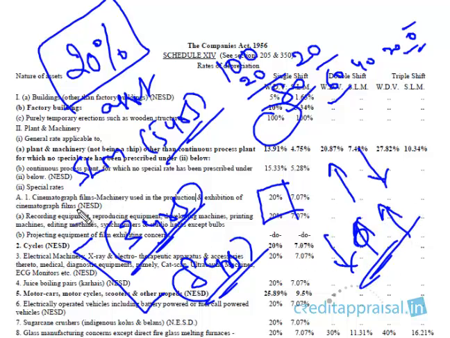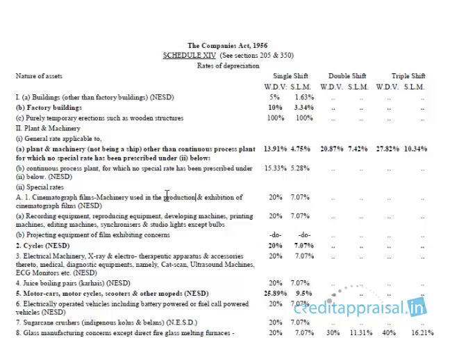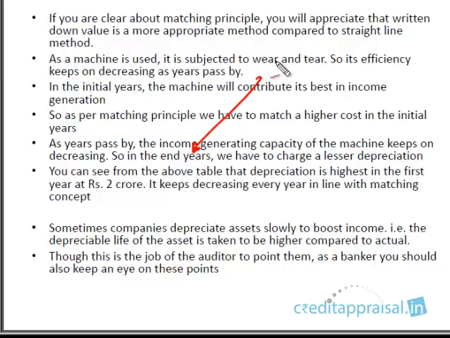So if a company follows a different depreciation method, it will be listing it out in the significant accounting policies. The auditor will be pointing it out. There are two ways in which a company can play around with the depreciation figure: one is the method of depreciation, and the other is the depreciation rate.